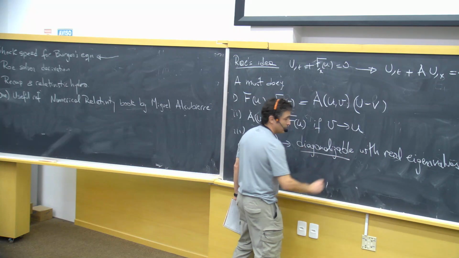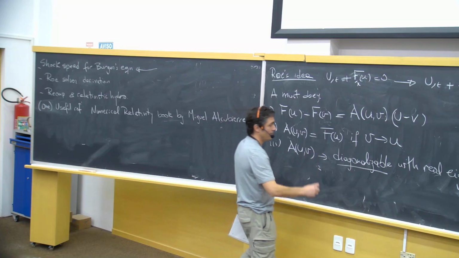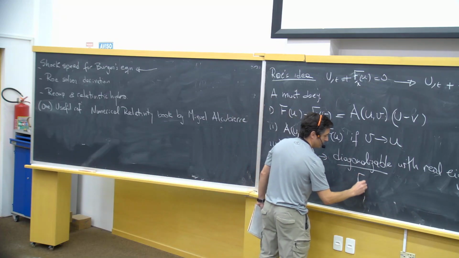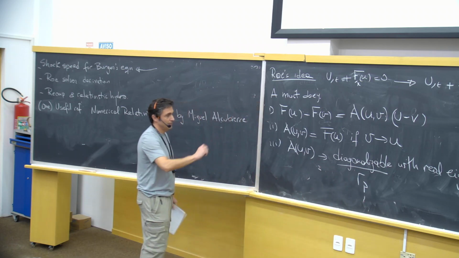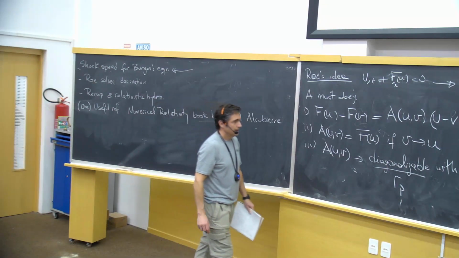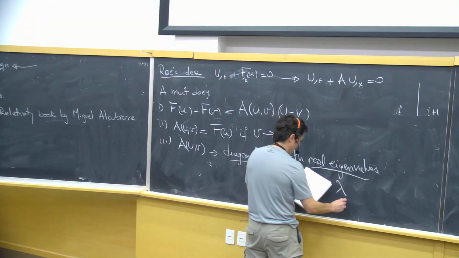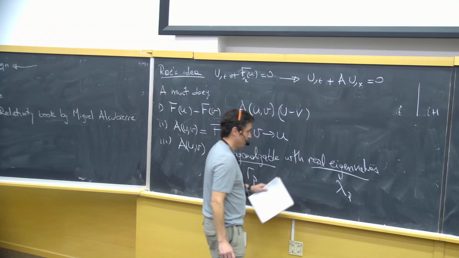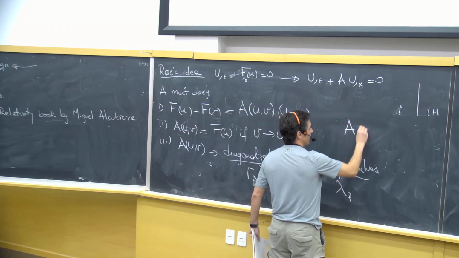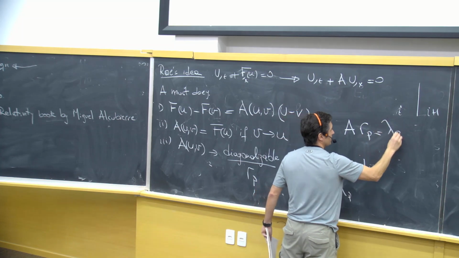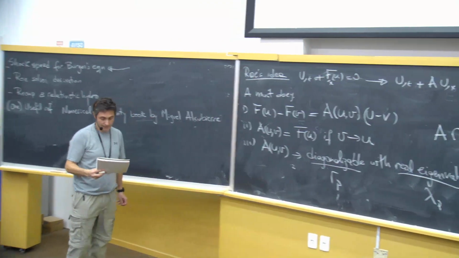Because it's diagonalizable, let's call the eigenvectors R_p, where p now labels all the eigenvectors or eigenvalues that we have, and the associated eigenvalues lambda_p. So the matrix A satisfies A times R_p equals lambda_p times R_p. So it's a real eigenvector.